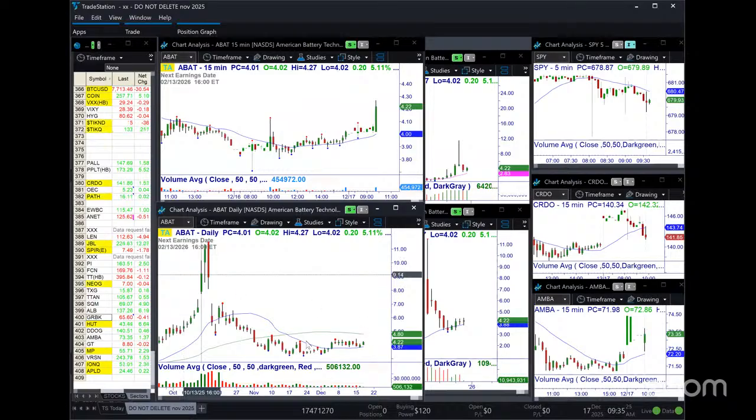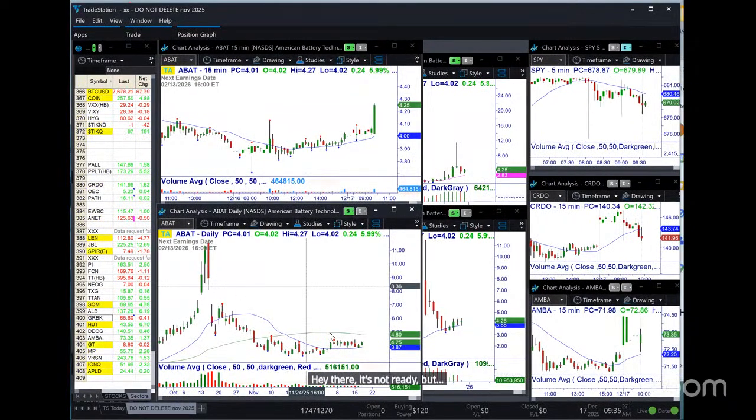Yes, A-Bat, it's not ready, but I'll just label him a potential bottoming pattern.